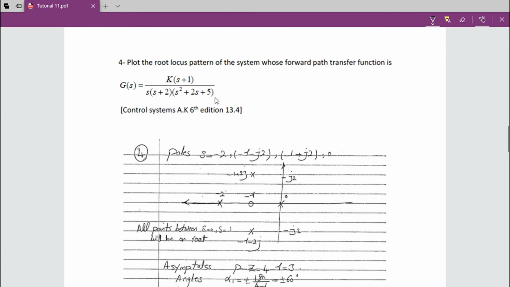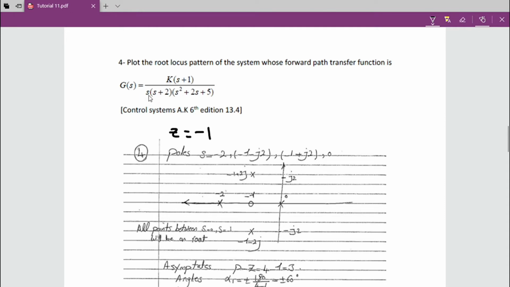Again, you need to identify the zeros and the poles, right? So your zero is equal to negative 1. From here you can just see that the zero is equal to negative 1, so there's only one zero.